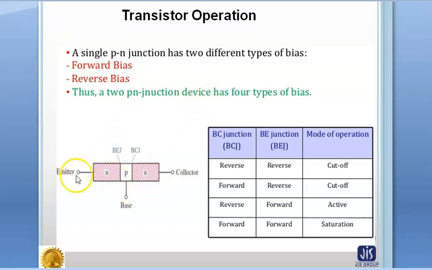For example, take an NPN transistor. Here there are two junctions. The junction between emitter and base is known as the emitter junction, and the junction between base and collector is known as the collector junction. So how will it be connected in forward bias?